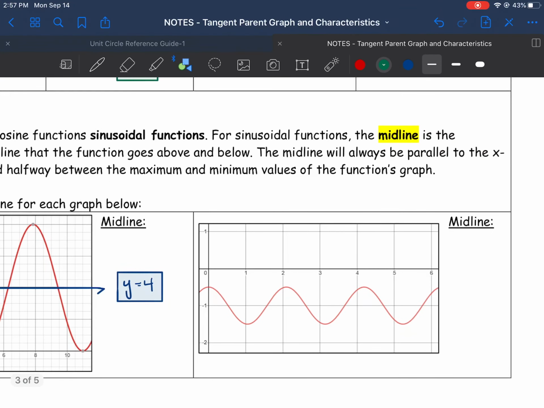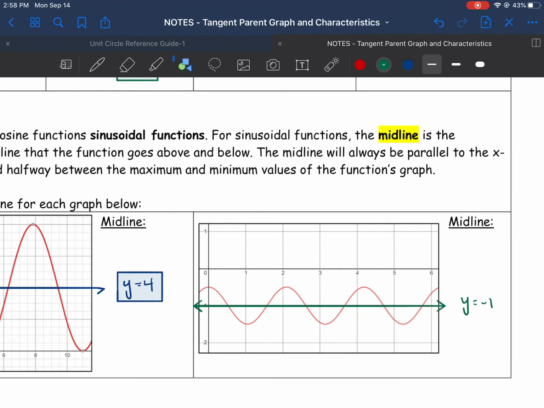Taking a look at another example, we have our maximum value appearing right here at -1/2, and our minimum value appearing here at -1.5. So if we look halfway between that, we would have a horizontal line at y equals -1.